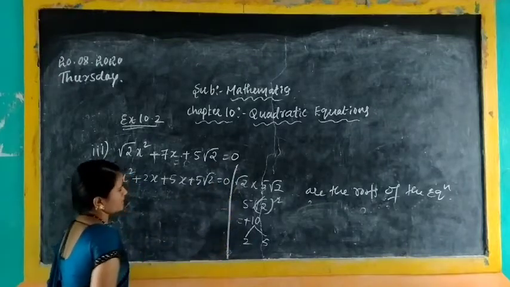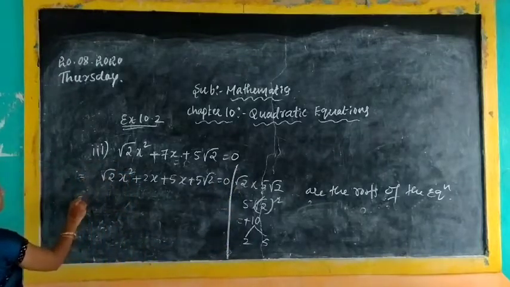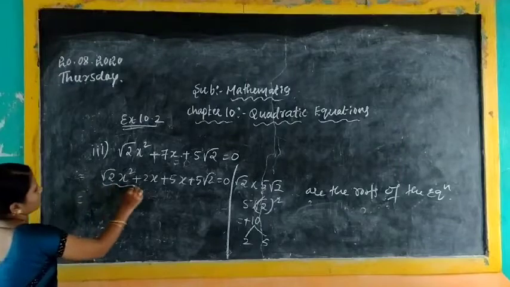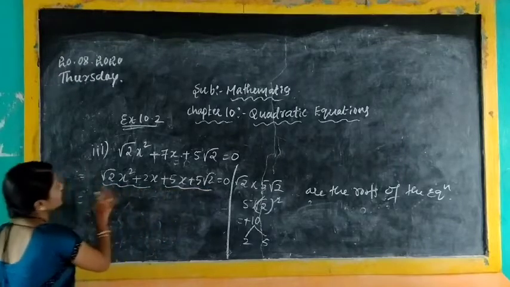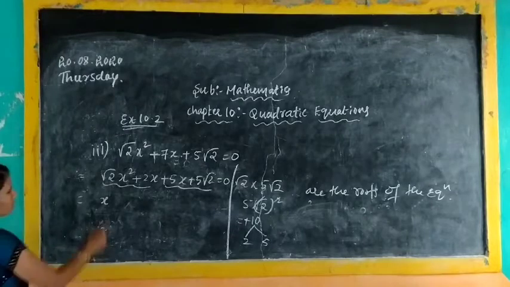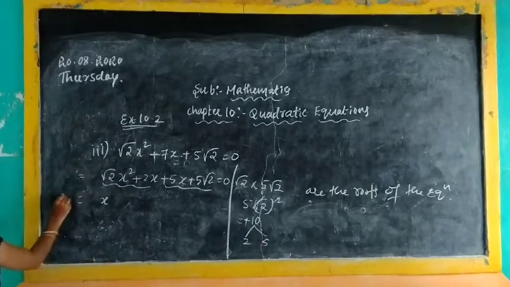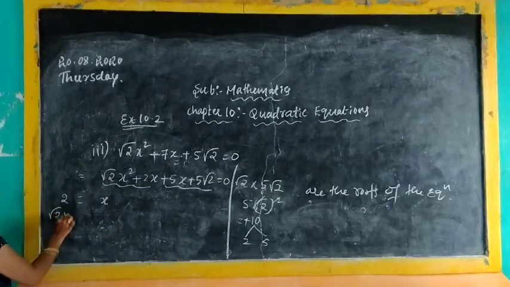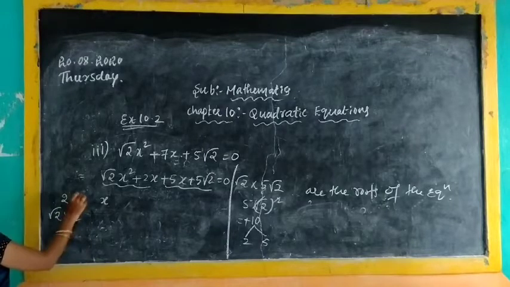Take this aside; it's very important. Next, in this, make a group. In this, x is common, and here root 2 is there. You know already 2 including root 2 into root 2. It's also very important.